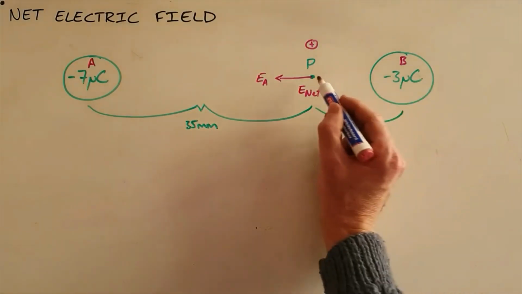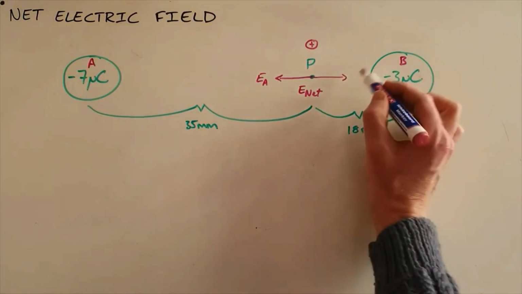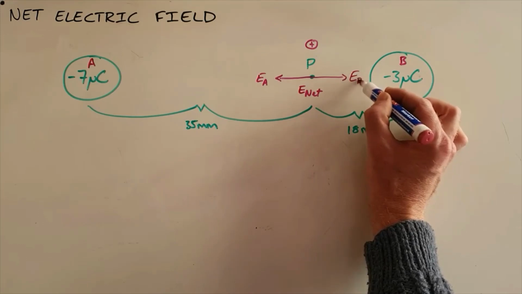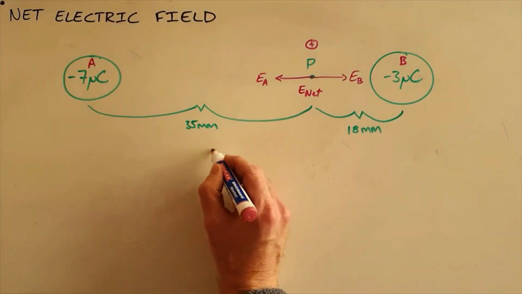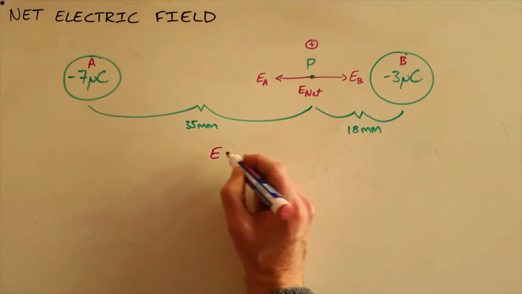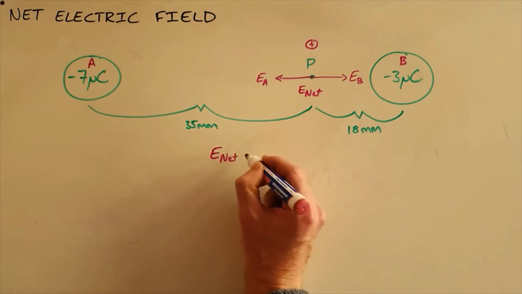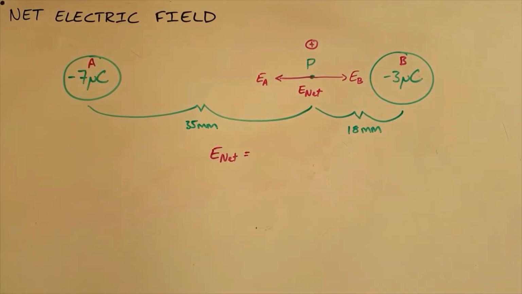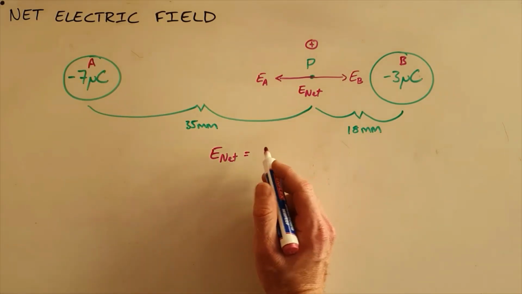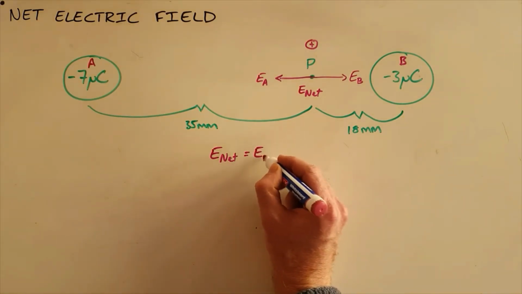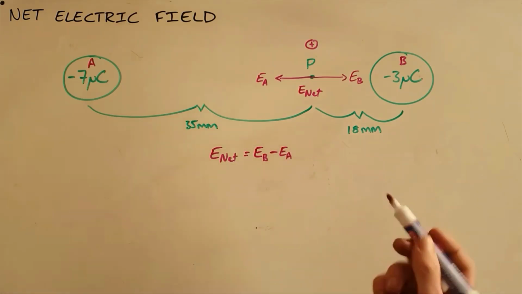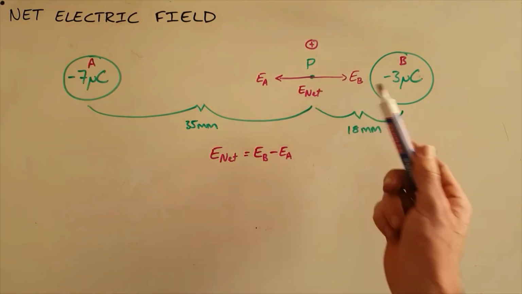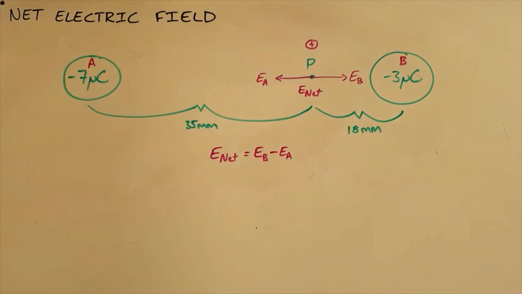And very clearly the electric field as a result of charge B would be towards the right. So we can immediately write down our expression for the net electric field: the net electric field at point P is equal to the electric field as a result of B minus the electric field as a result of A. Once again, we must subtract them because they are vectors acting in opposite directions.